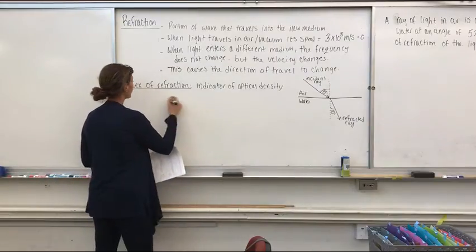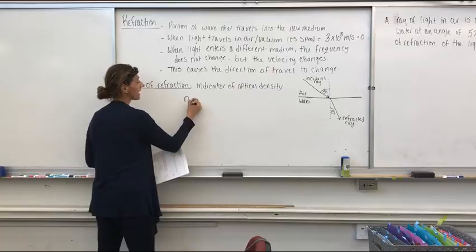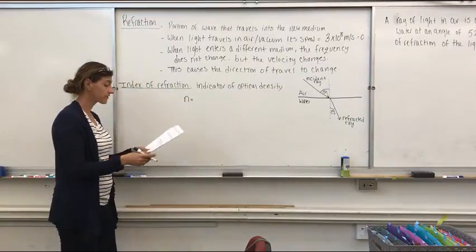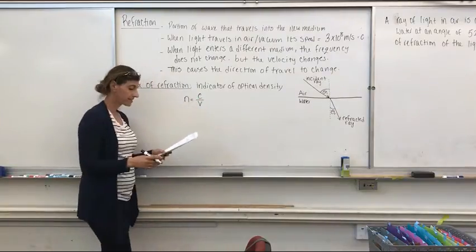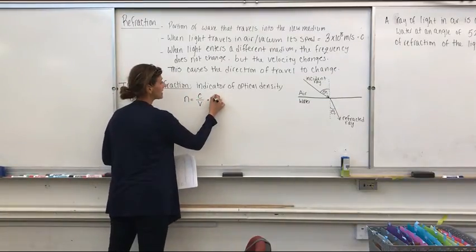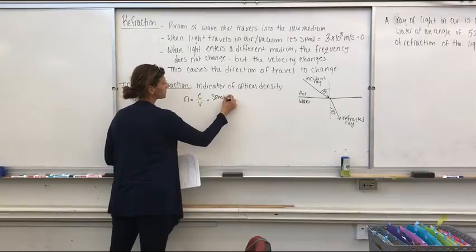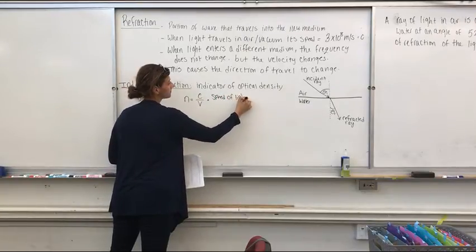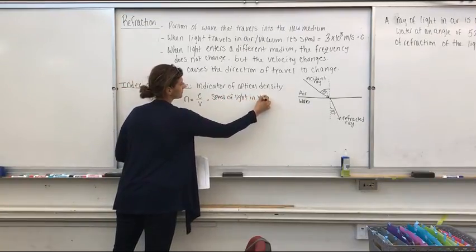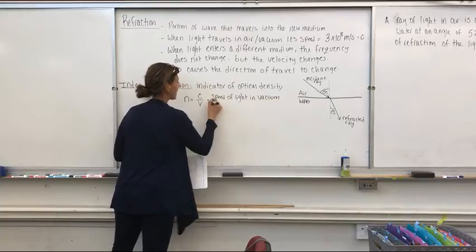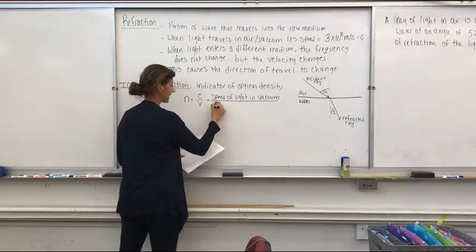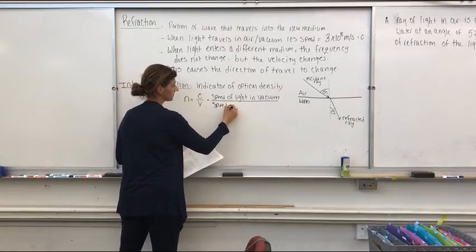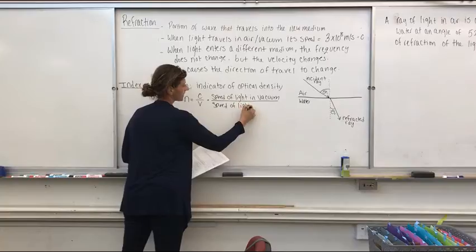The way we calculate the index of refraction is we use the letter n to represent the index of refraction, and we say that n equals c over v, where c is the speed of light in a vacuum, and v is the speed of light in that medium, in the new medium.